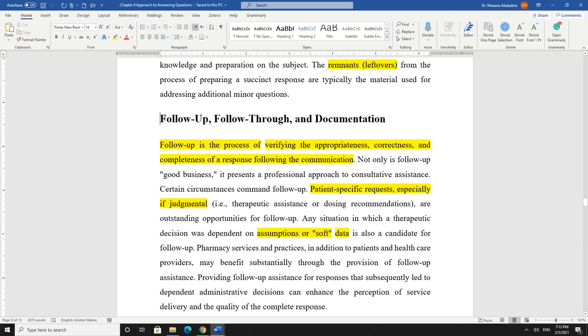Okay, let's now talk about follow up, follow through, and documentation. These two terms maybe will be confusing to you, and you should be able to differentiate between follow up and follow through. Follow up is the process of verifying the appropriateness and correctness and completeness of the response that you provided.